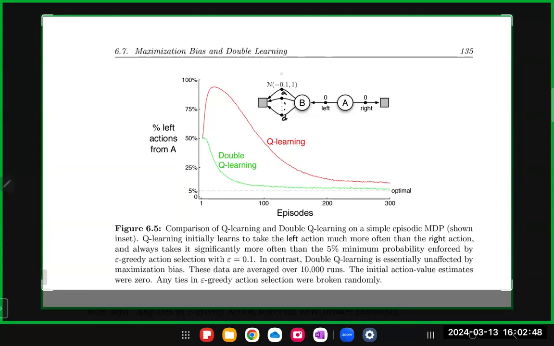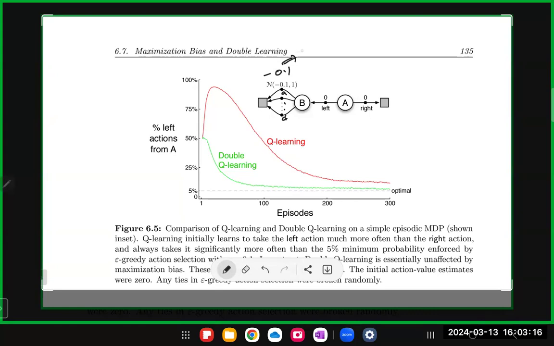All these left actions have an expected reward of -1, but due to the overestimation problem, the maximization bias that we discussed, Q learning might suffer from this and estimate this to be slightly more than minus one.